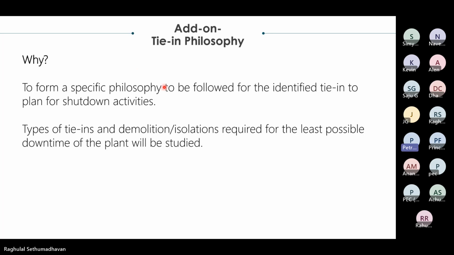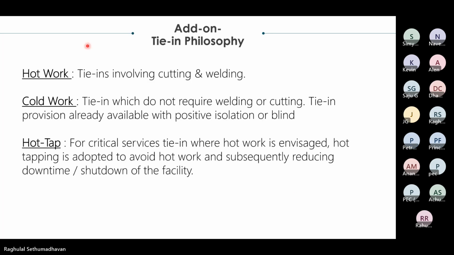So we need to plan the tie-ins accordingly. That's why we require a tie-in philosophy. Under that, we consider the types of tie-in and the demolition and isolation of the existing plant. How it will be done will be formulated inside this tie-in philosophy. There also I am going through it briefly only.